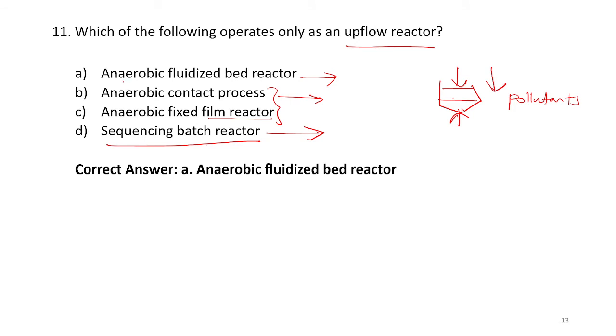However, in the fluidized bed reactor, the main mechanism of operation is that you have the bed media, and when the wastewater is passed, this bed will get expanded or fluidized, and thus in the process of expansion or fluidization, the contact between the wastewater and microbes happens. Therefore, for this expansion to happen, the flow should be in the upflow direction.